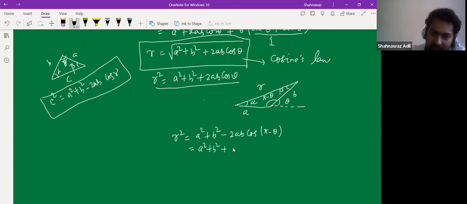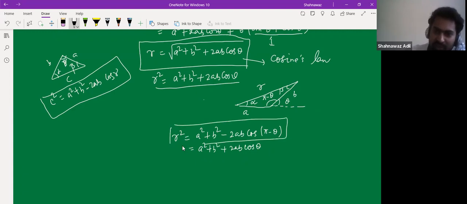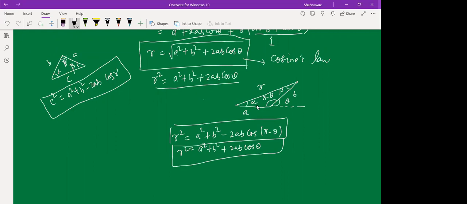So you will have plus 2AB cos theta. Understood? So we used cosine's law and you got the resultant. So this is another way you can find the resultant of the vector by using the property of a triangle. Understood up to this point? Yes, sir.